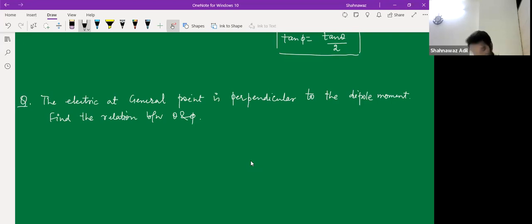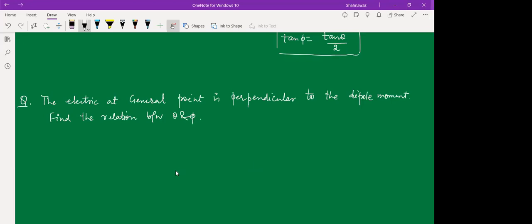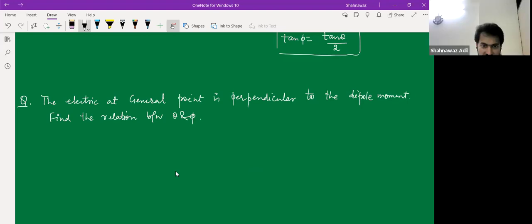Did you guys understand the question? Yes, sir. So please try this question and tell me the answer. Let me draw the diagram. Let's say that this is the dipole moment, right?